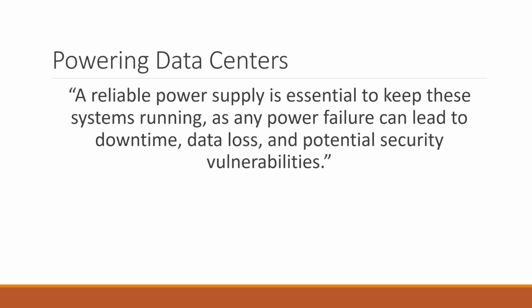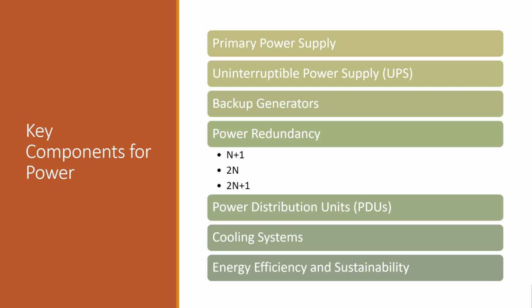Now, we have to power our data centers because power is one of the most critical aspects when it comes to IT. And we need to make sure that the data centers can uphold everything that we deal with, including power failures. So there are key components when we're dealing with power. You need to know that we will have, of course, a primary power supply.